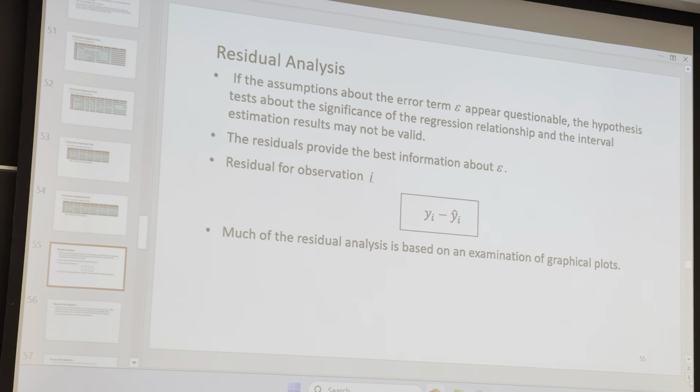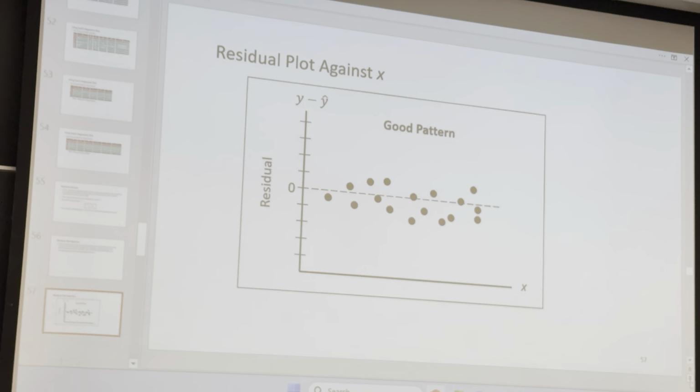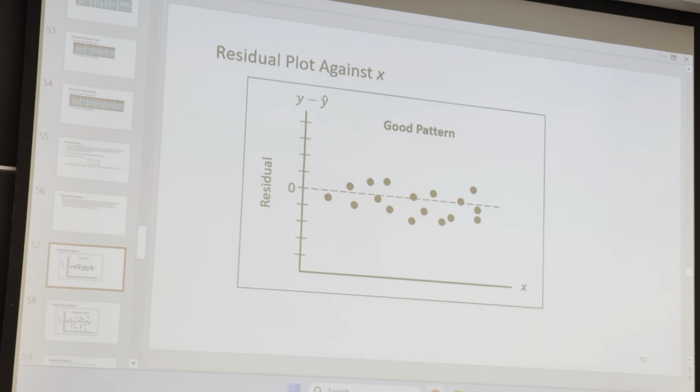Residual analysis. What is residual? Residual is simply the difference between actual and estimated value, which is error. When you look at the residual plot, for each X value, each time you put 3 advertisements, you're going to have sales.